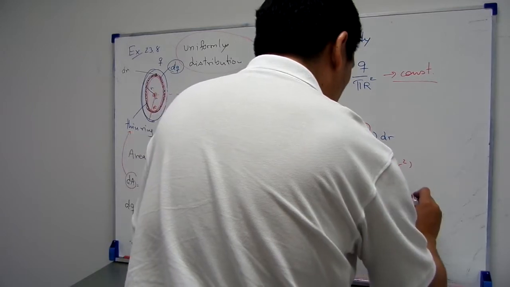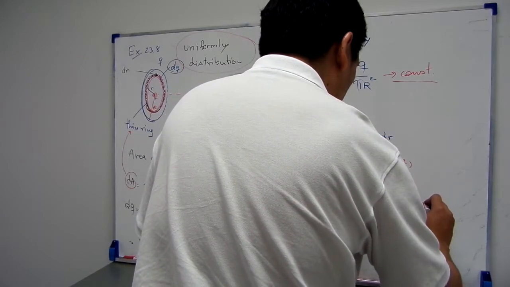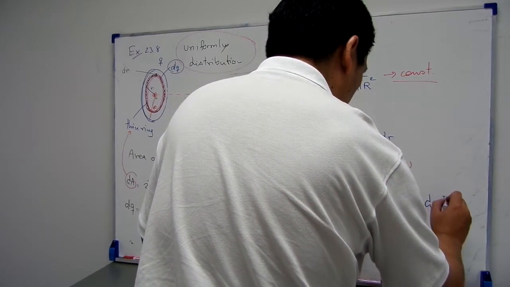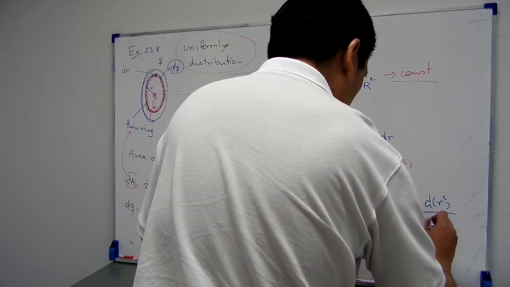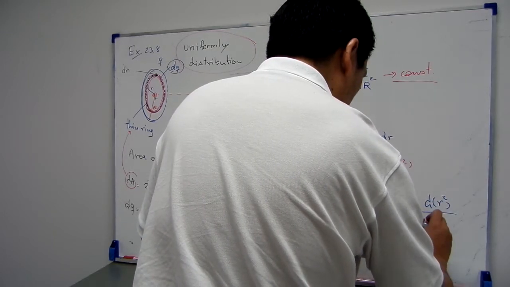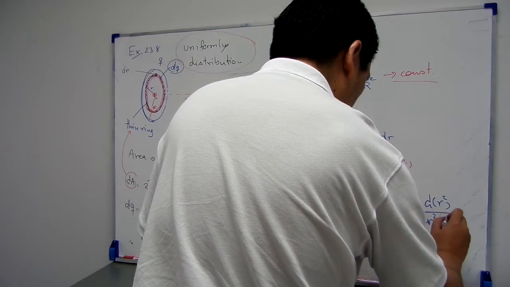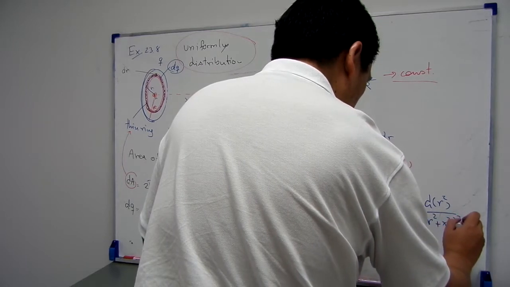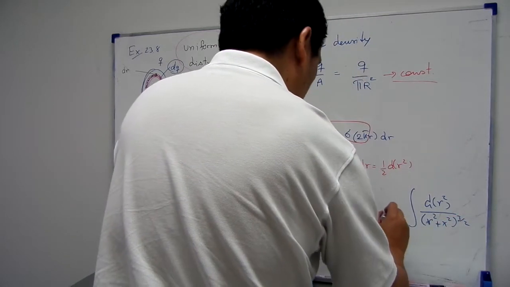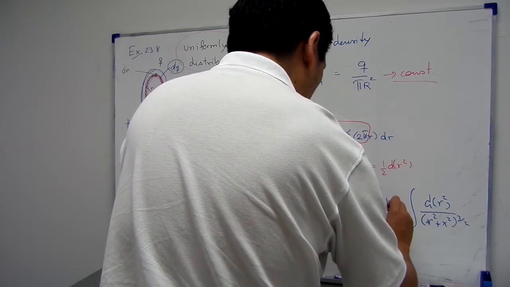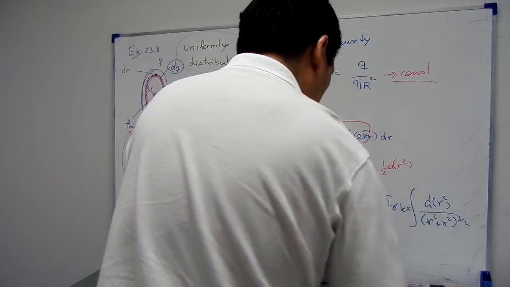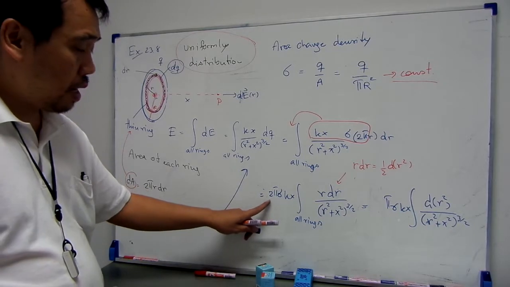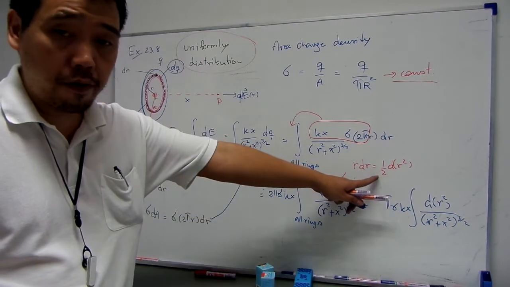So it is equal to the integral of d(r squared) over (r squared plus x squared) to the power of 3 over 2, and in front of this we have pi sigma kx. The number 2 here cancels with this half.